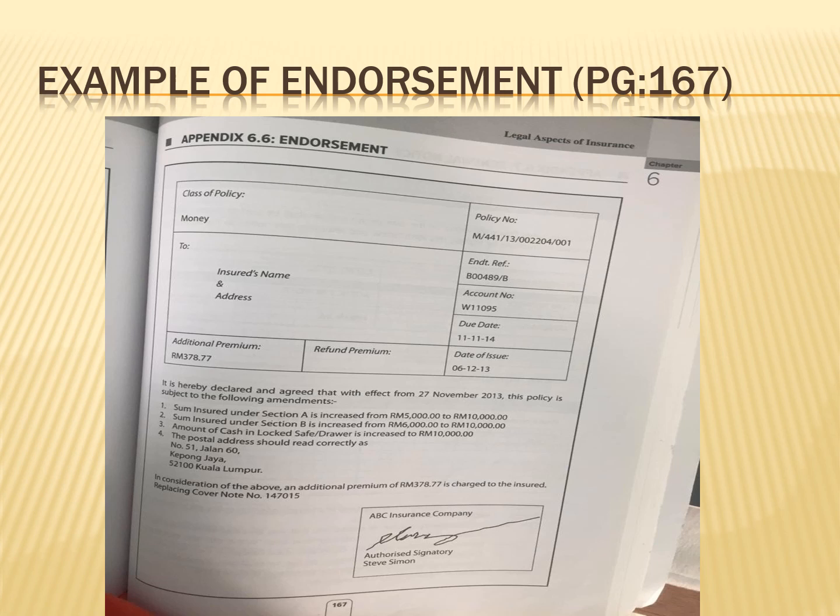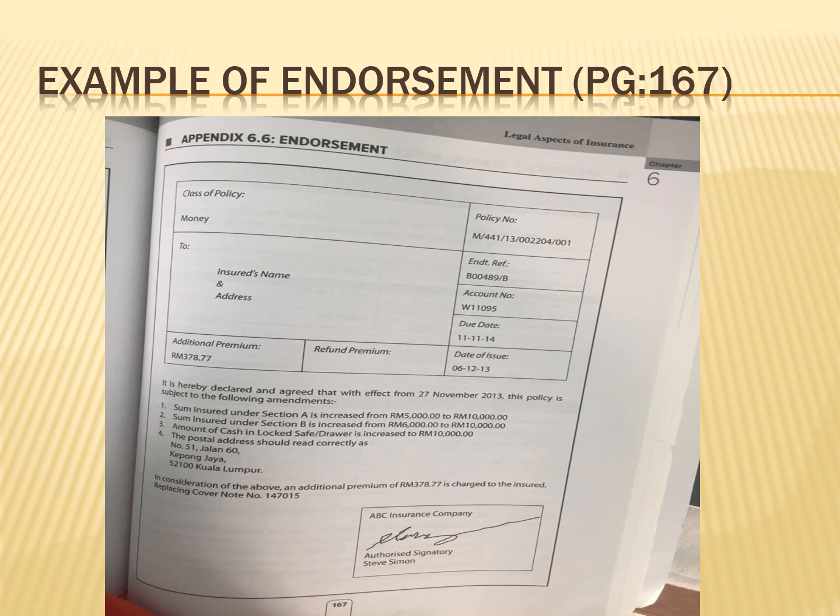The endorsement also has particular information about the contract: the class of insurance policy, the insured's name and address, and the policy number, which is easier for the insurance company to refer to. Then there are the amendments or alterations that the insurance company has already made, which have already been approved by their customers.